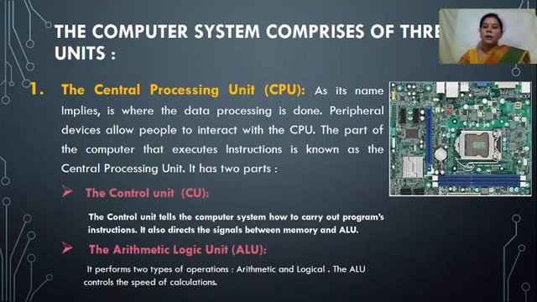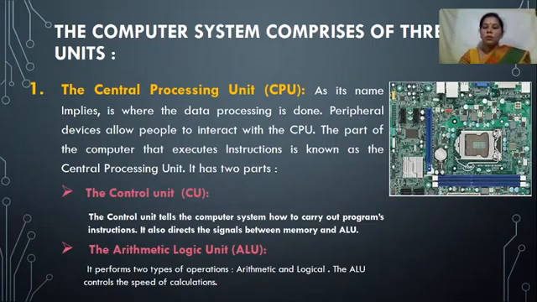The part of the computer that executes the instructions from input is known as the central processing unit. It comprises two parts: the control unit and the ALU. The control unit is called the CU and the arithmetic logic unit is called the ALU. So what do these two do?